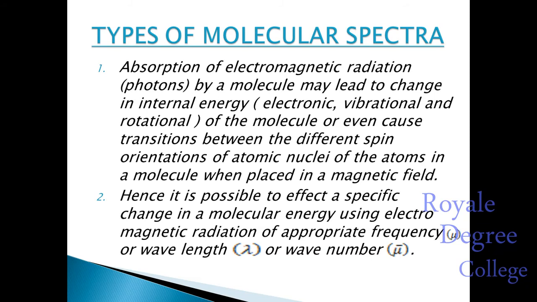Now we'll study about types of molecular spectra. Absorption of electromagnetic radiation, those are nothing but photons, by a molecule may lead to change in internal energy, that is electronic, vibrational and rotational energy of the molecule, or even cause transitions between the different spin orientations of atomic nuclei of the atoms in a molecule when it is placed in a magnetic field.